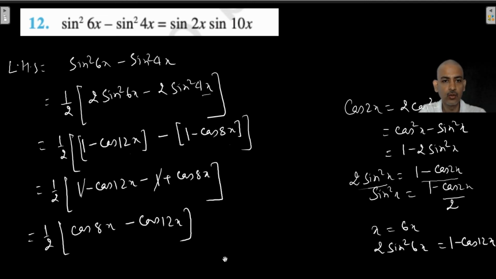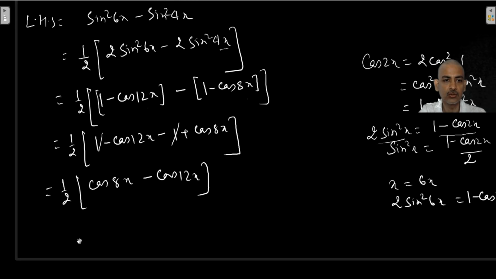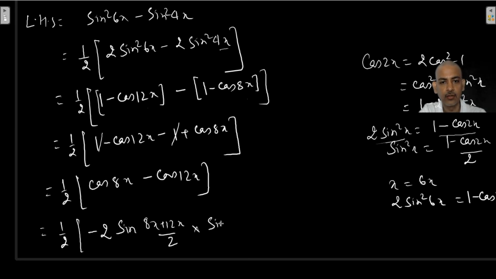So now you have to know the formula of cos c minus cos d, right? Cos c minus cos d, which is nothing but what? 1 by 2 into minus 2 times sine of c plus d by 2, which is 8x plus 12x by 2, into sine of c minus d by 2, 8x minus 12x by 2.